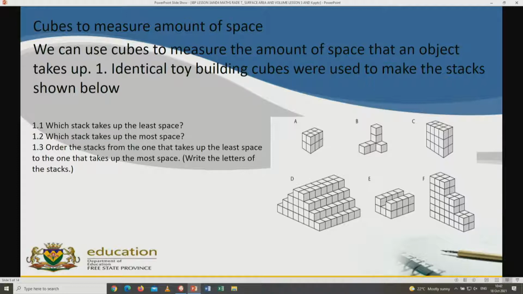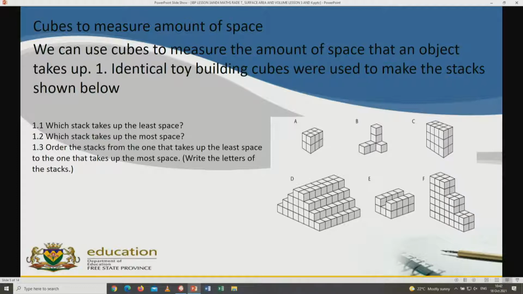Now, number 1, let's look at these identical toy building cubes. Can you see the picture there? We have them numbered A to F. These identical toy building cubes were used to make the stacks, as shown below.